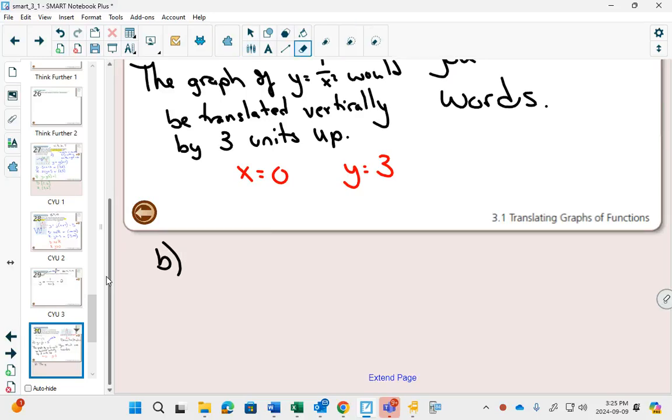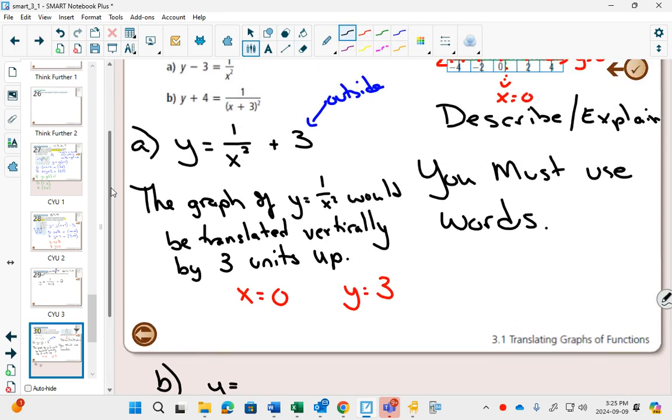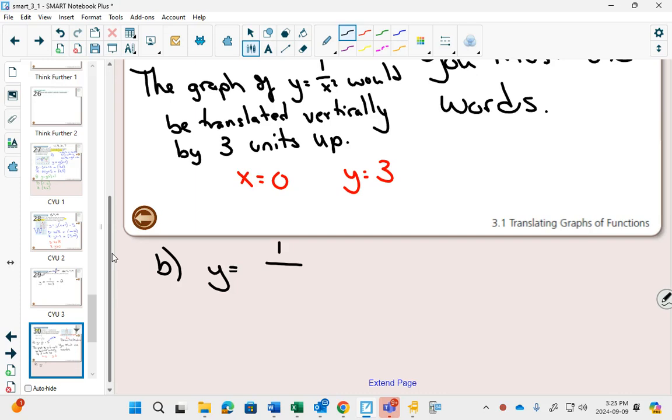And then part B. I'll rewrite that equation as well. Let's take a look at it. I'm going to move that 4 over. So it's 1 over (x plus 3) squared minus 4.